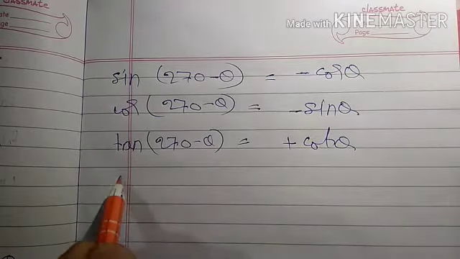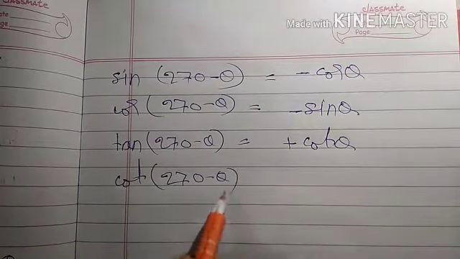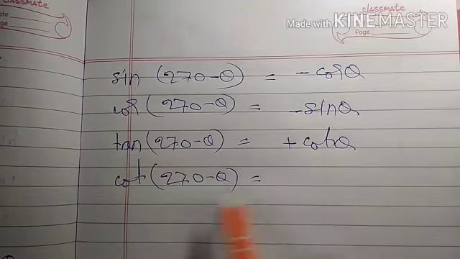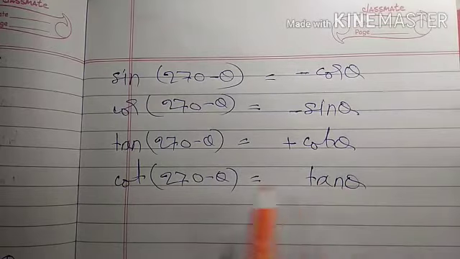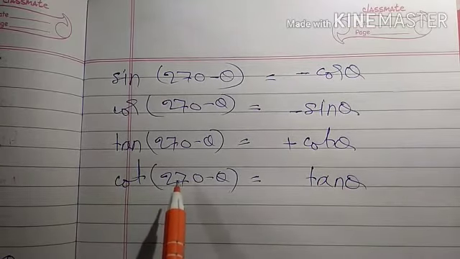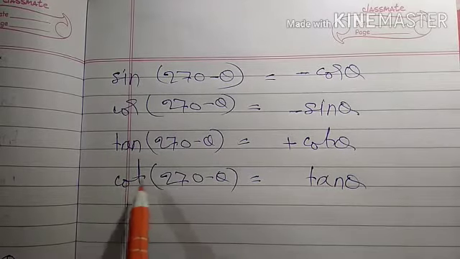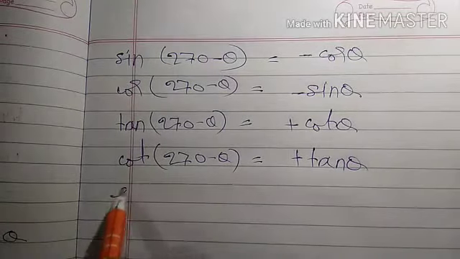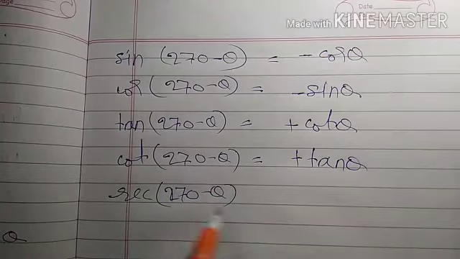Next, cot(270 − θ): functions change is allowed, so cot θ changes to tan θ. In the third quadrant only tan θ and cot θ are positive, so cot θ is positive. Next, sec(270 − θ).